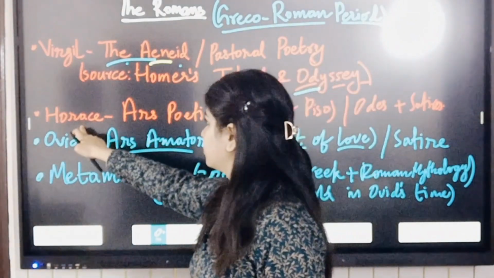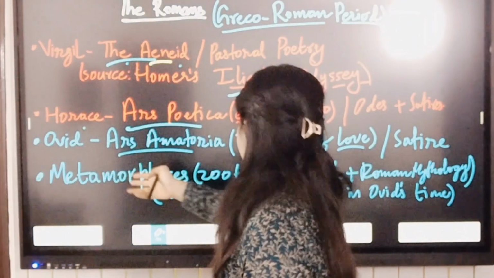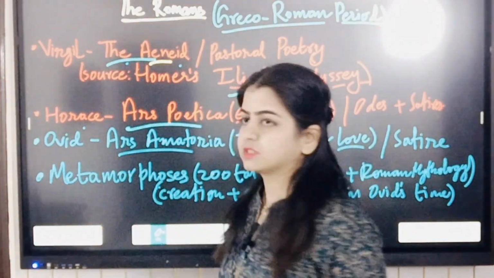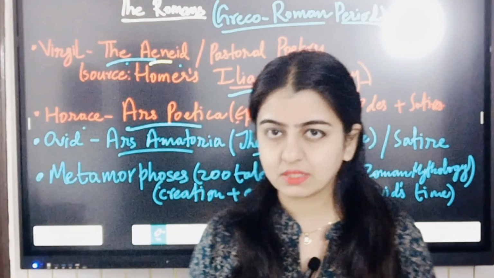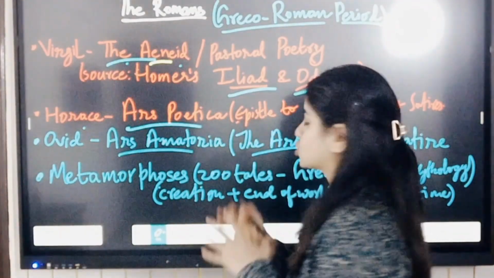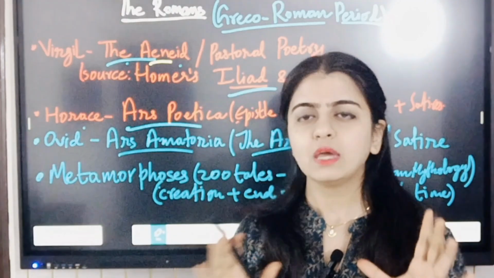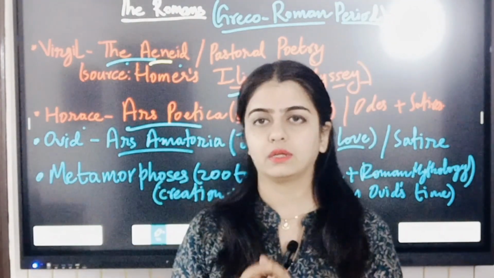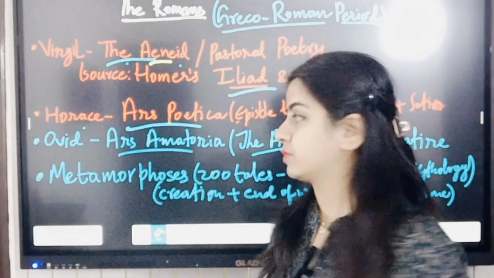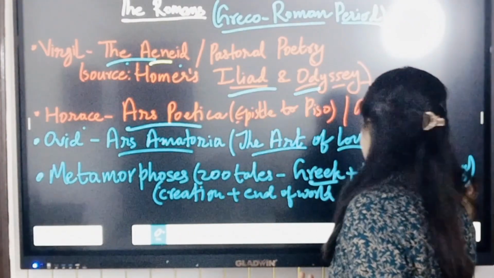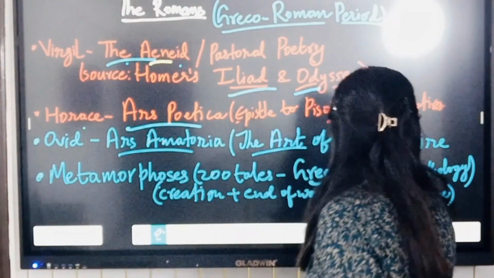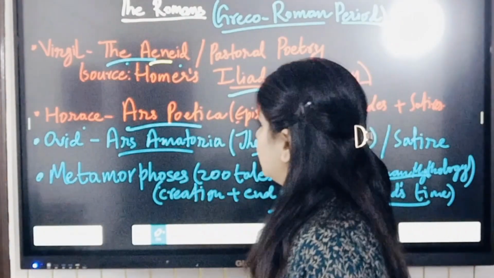Then we have Ars Amatoria and Metamorphoses. Metamorphoses is particularly an anthology, you can say, in the modern sense of the term. It depicts 200 stories of the Greek and Roman heroes. It's a huge book, and it depicts 200 stories of heroism and chivalry in the Greek and Roman traditions or mythologies.